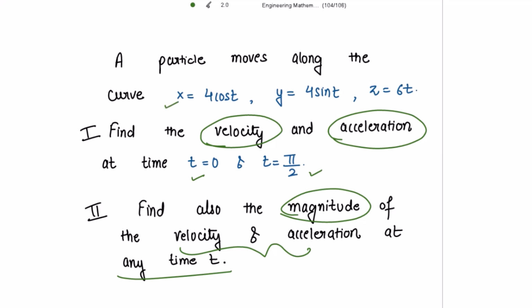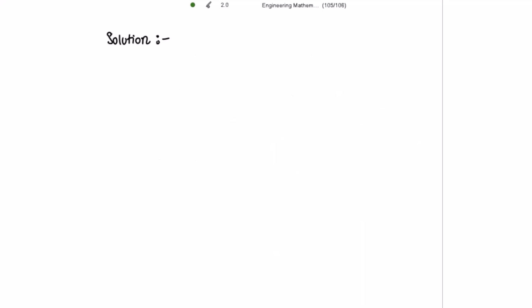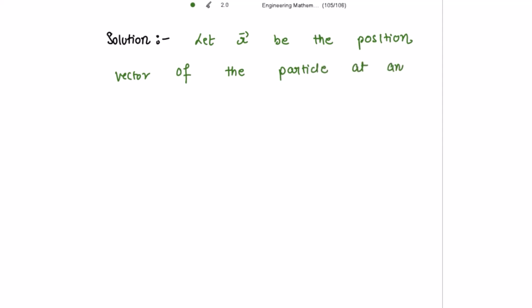It is given that x, y and z in terms of t. These are the parametric equations given to us. So let r vector be the position vector of the particle at any time t. Right?